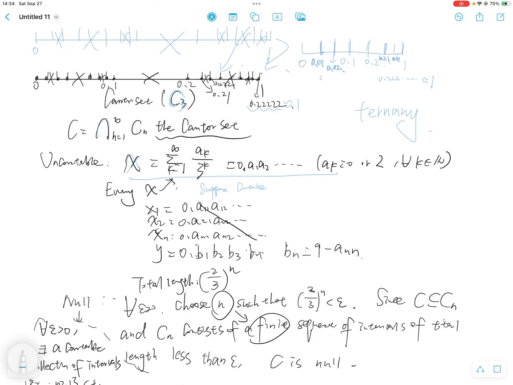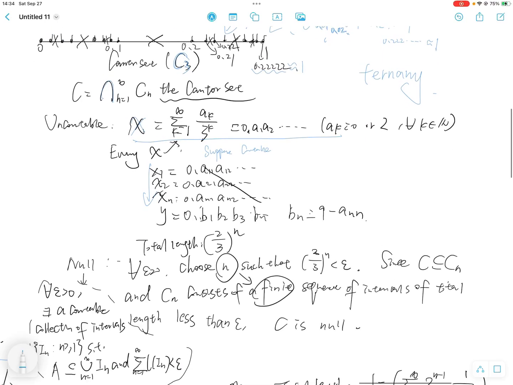Now suppose it's countable. Following the previous idea, we could list it in a sequential way, which is this. And I could always write y equals 0.b1, b2, up to bn, where bn equals 3 minus a_nn.